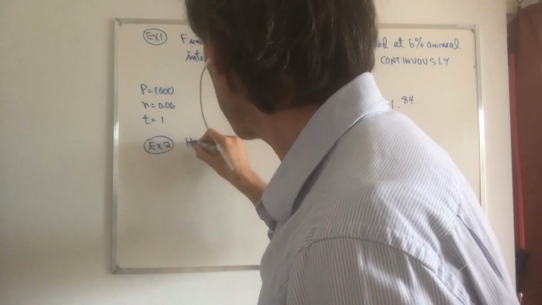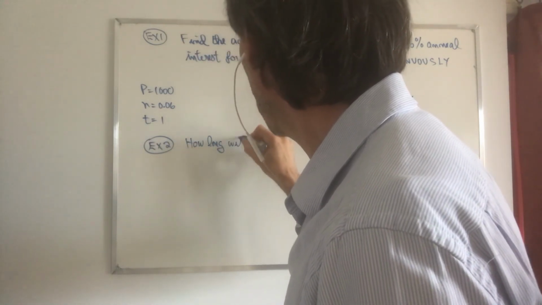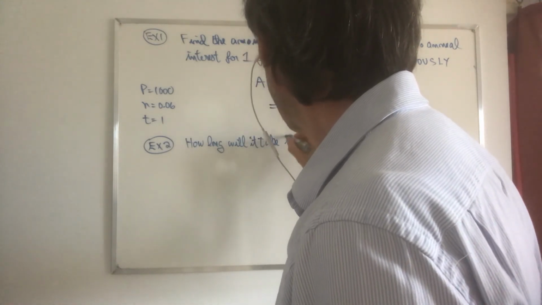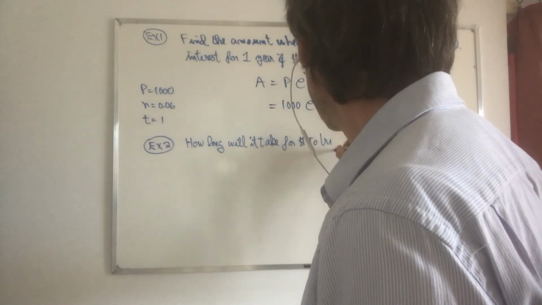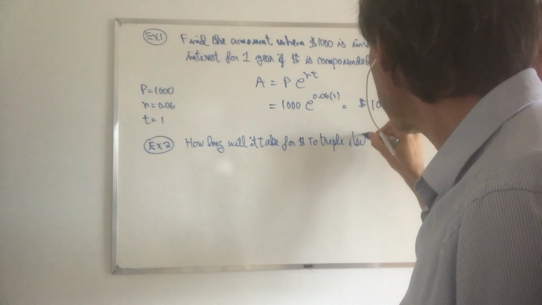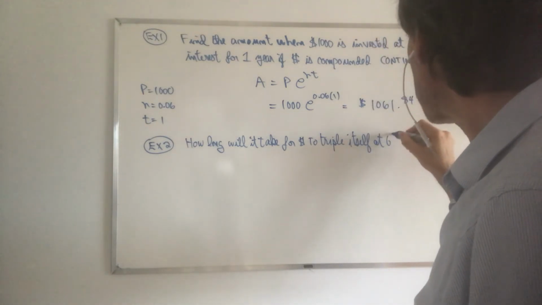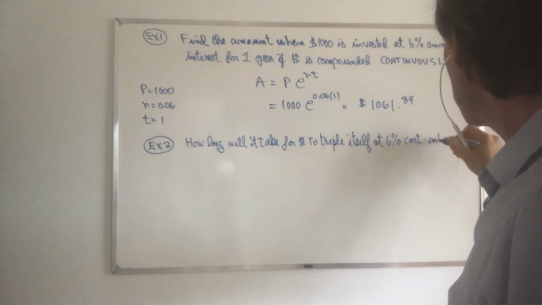Okay, one last one. How long will it take for money to, let's say, triple itself at 6% continuous interest?